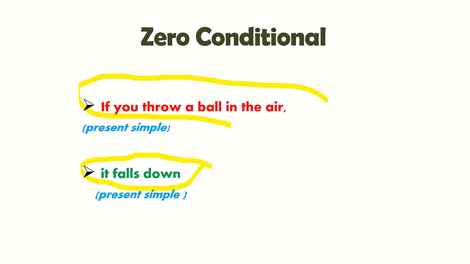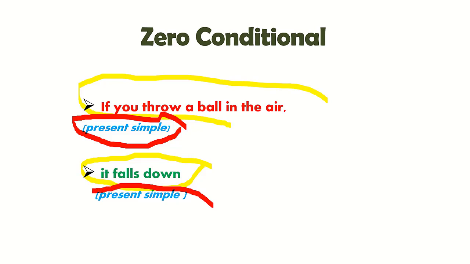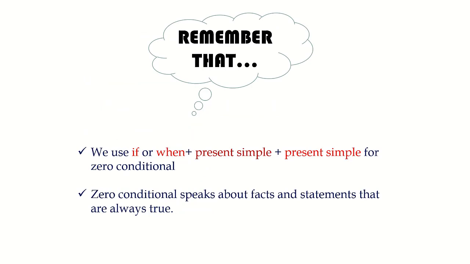In zero conditionals, the two sentences must be in the present simple tense. So you can't use will, you can't use would. When you're talking about scientific facts, you must use present simple in the two sentences, in the main clause and the if clause.